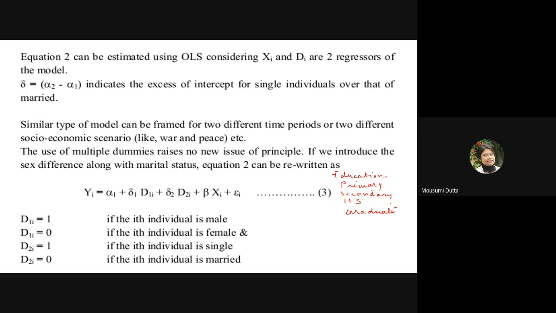Suppose there are 4 categories for this variable, education. When there are 4 categories, we have to create 3 dummies.